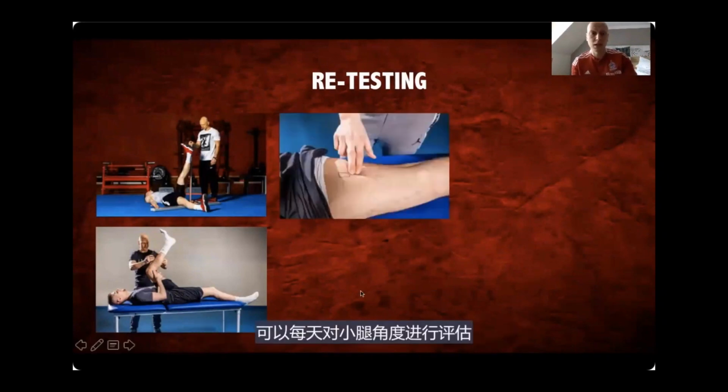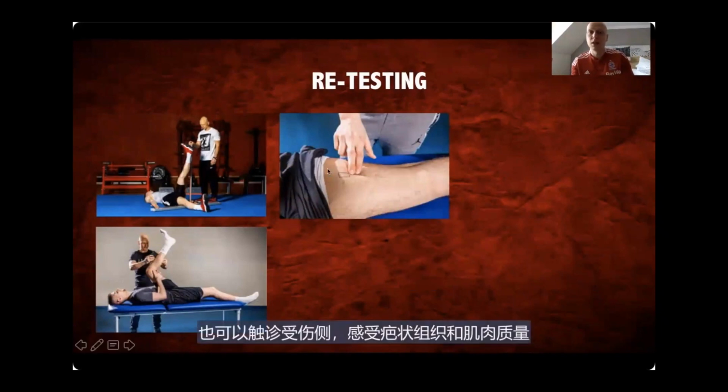And we can use here the phone to track the angle and to see how angle of the shin improves from day to day. Then we can also palpate if this is the injured side.